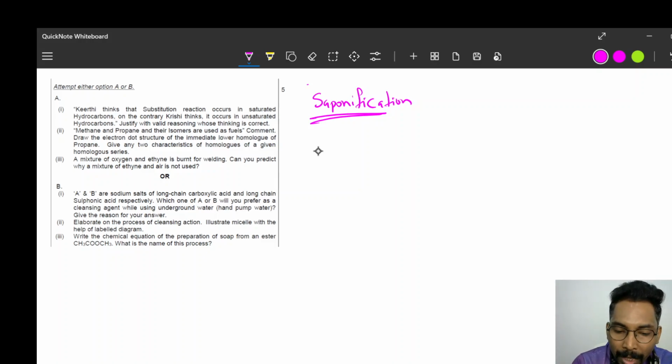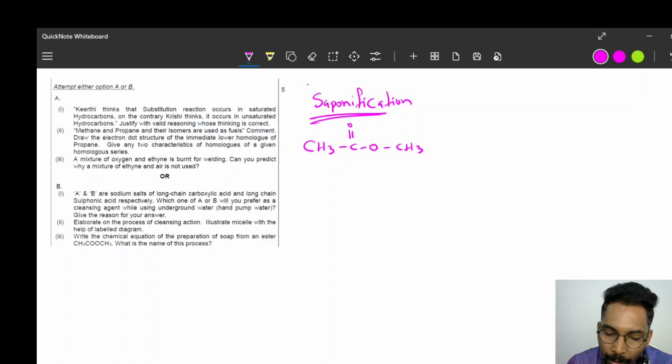So the ester is CH3COOCH3, where C double bond O is the ester group, plus NaOH, sodium hydroxide. What will you get?